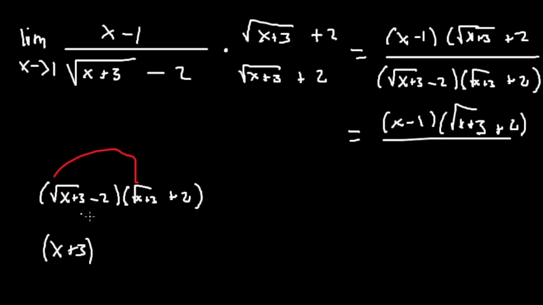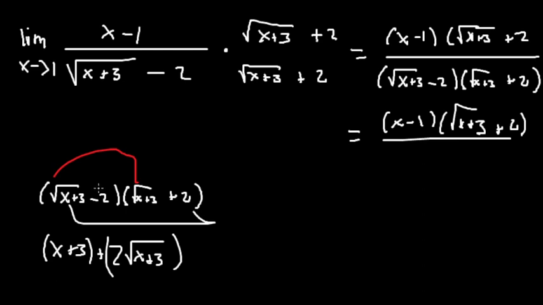Next, the outside: 2 times the square root of x plus 3 is just plus 2 square root of x plus 3. Next, the inside: negative 2 times the square root of x plus 3 is negative 2 square root of x plus 3. Then last: negative 2 times 2 will be negative 4.